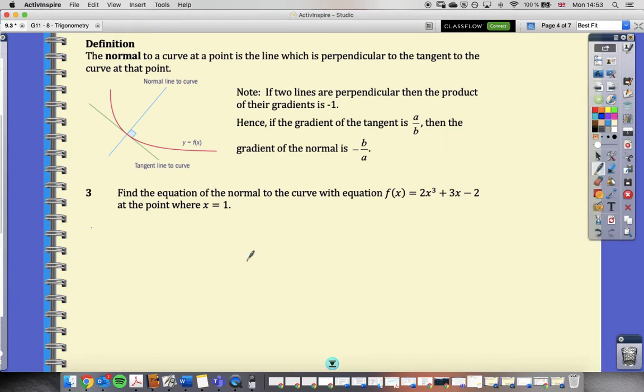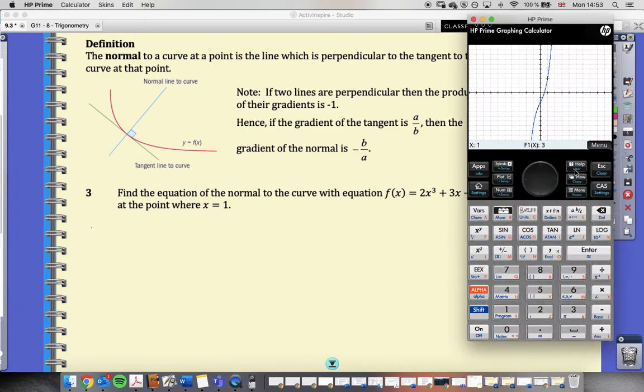I'm going to just put that over there for now, because I think really we need to be thinking about the slope first of all. The slope of the curve is 9 at that point. Let's just check. We're still on 1. Yep.